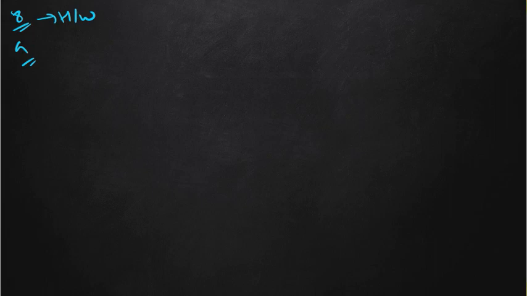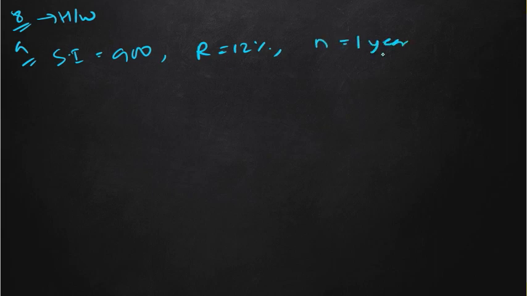So what is given? Simple interest is 900, rate of interest is 12%, and the number of years is 1. In the first part of question 9, it is written to find the sum of the money.